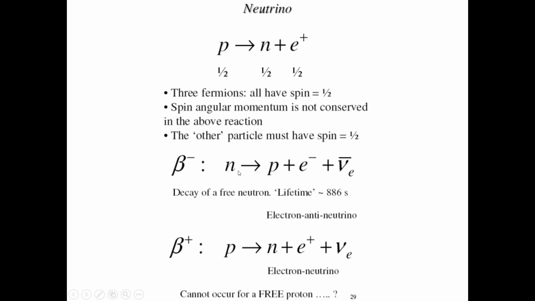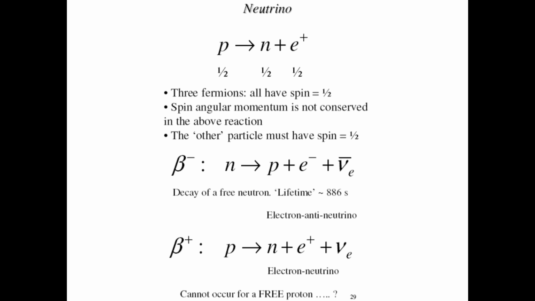During this process, a neutron is converted into a proton along with the missing particle, which was discovered by Enrico Fermi, and he called it the neutrino. So during this process, the neutron decays into a proton, and we have an electron, and along with the electron we have the particle discovered by Enrico Fermi, which we call the antineutrino. The antineutrino accompanies these reactions during the conversion of a neutron into a proton.